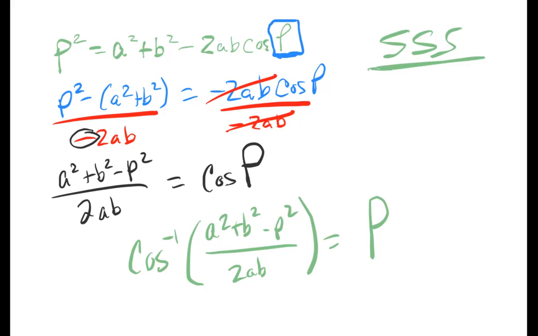Okay, so let's use that now. Let's say we have sides of a triangle where A is 5, B is 9, and C is 7. And this one does fit the triangle inequality. All right, it does.